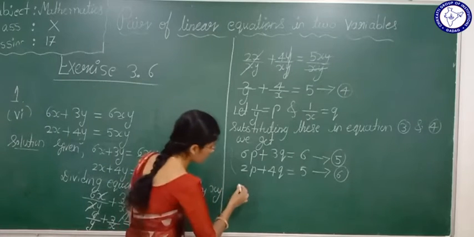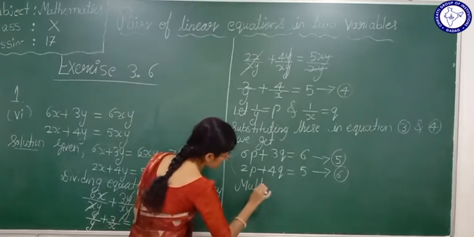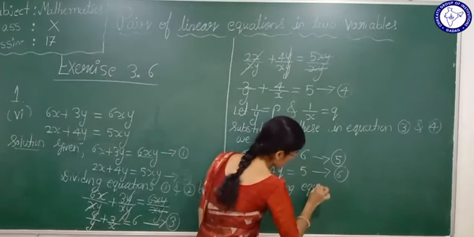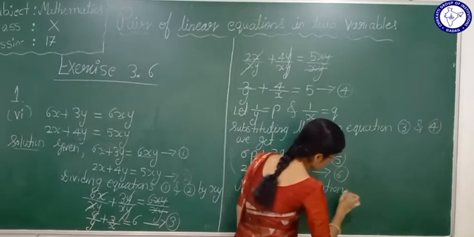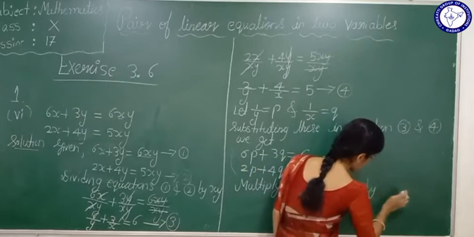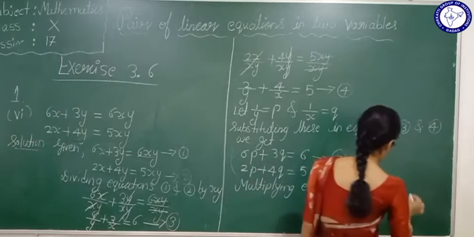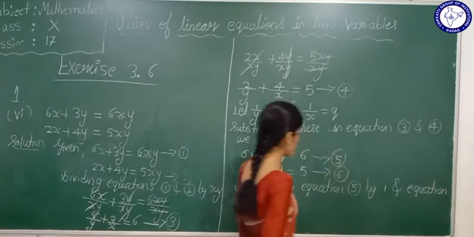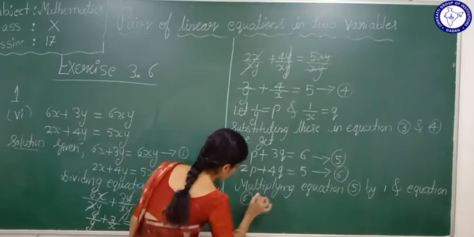So what I will do is multiply equation 5 by 1 and equation 6 by 3.